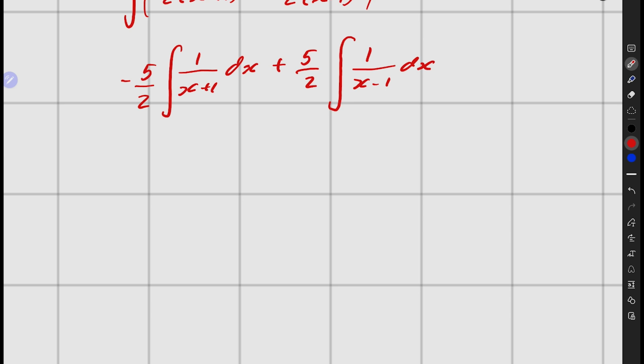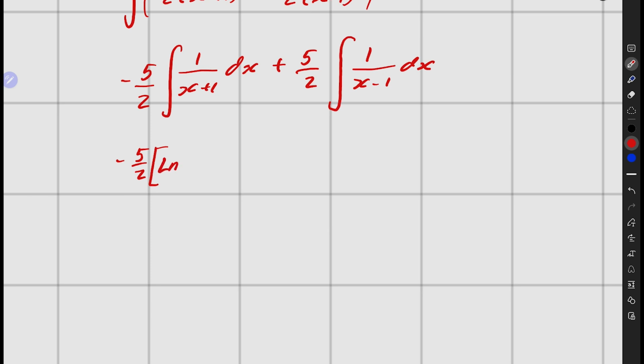Okay, so let's begin to solve this. We're going to have minus 5 over 2. That's the constant, so that's why we brought it out the front. You can do that in integration. Bring any constant out the front if you want to, doesn't matter. Can make it easier sometimes, but whatever works for you, just go with that. Minus 5 divided by 2, the integral of 1 divided by x plus 1.